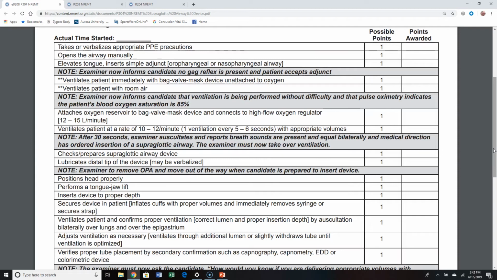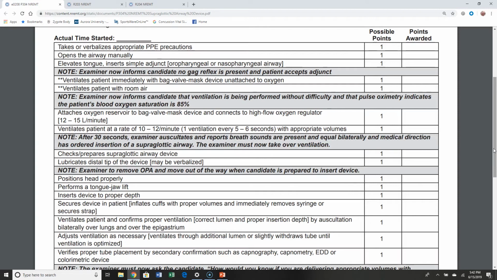So you always have to prepare the device, make sure the balloons are all set, and get your syringes pre-drawn to the air levels that you need. If you're using something like the King LT, it's on the lumen of the tube. If you are using something like a Combitube, that is a set value of air, and those are on the pilot balloons, so you can see exactly which one needs how much, be it the first tube or the second tube.